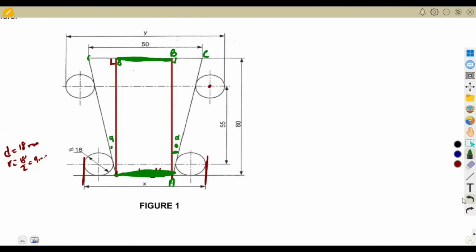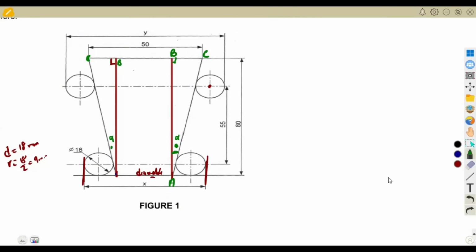In order to have this distance, we need to calculate from B to C, then subtract it from 50.